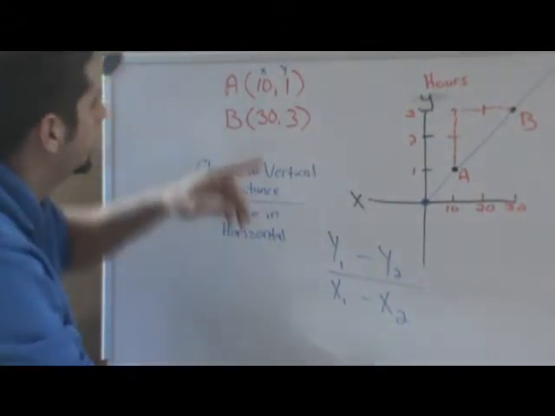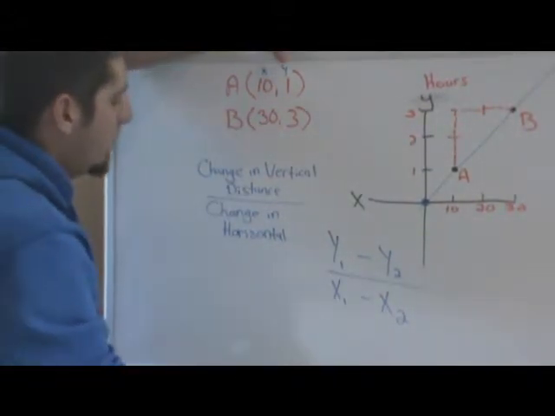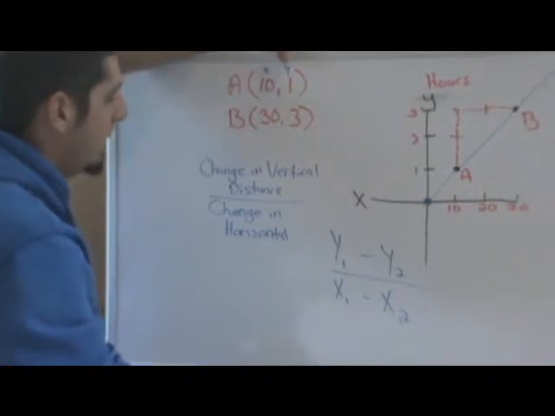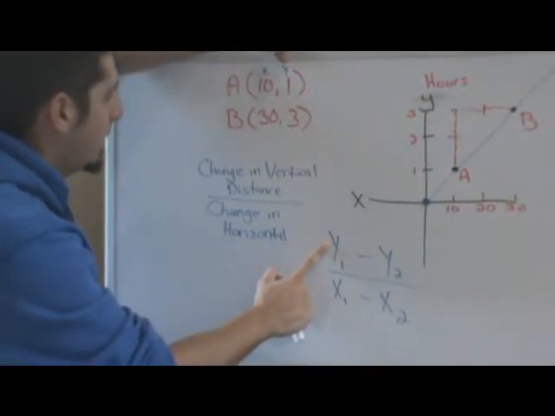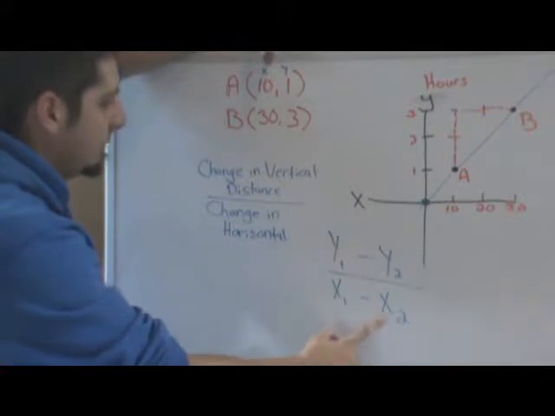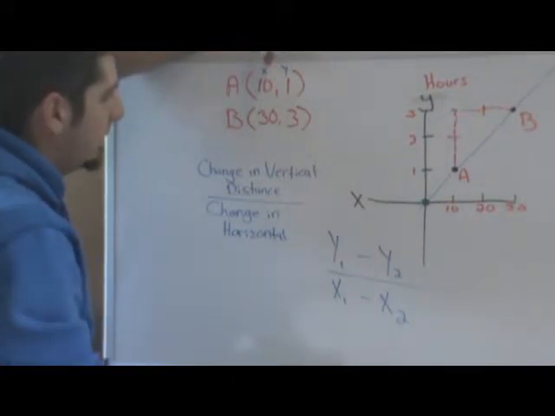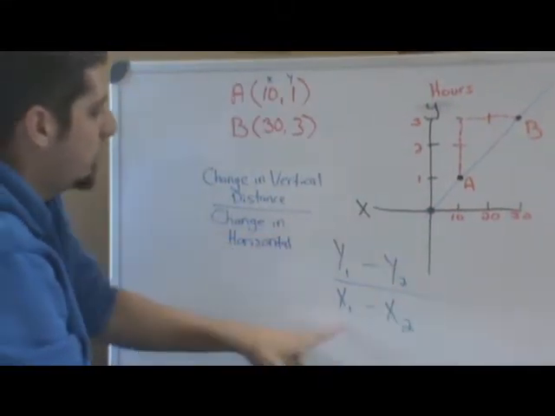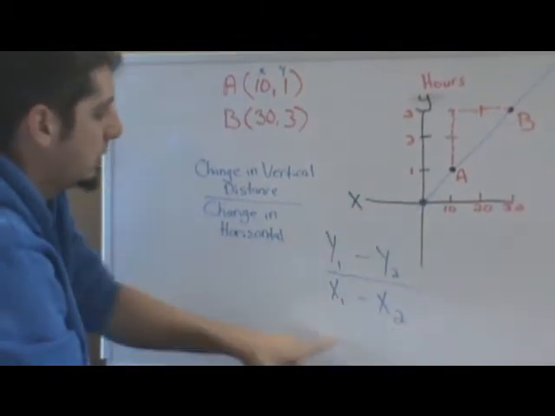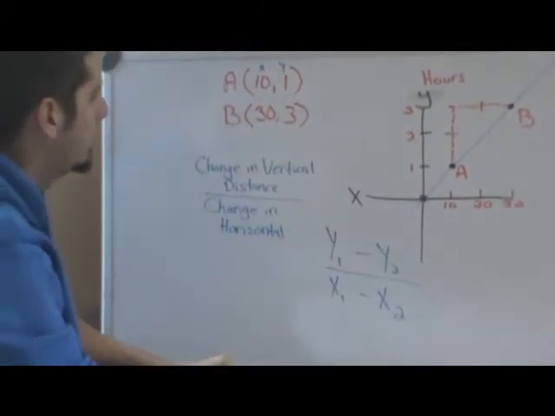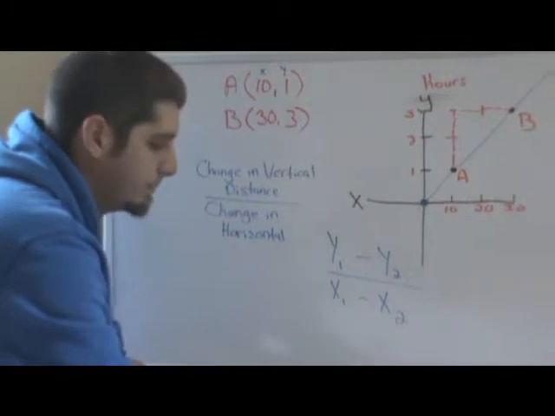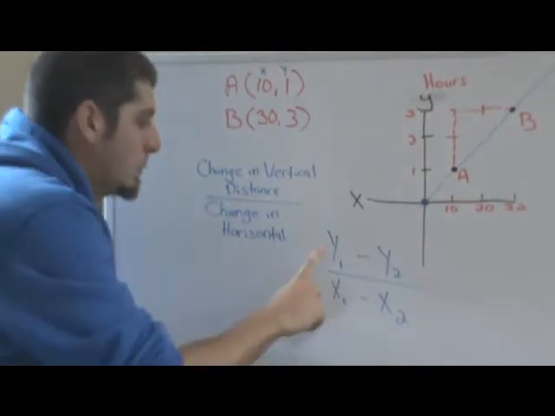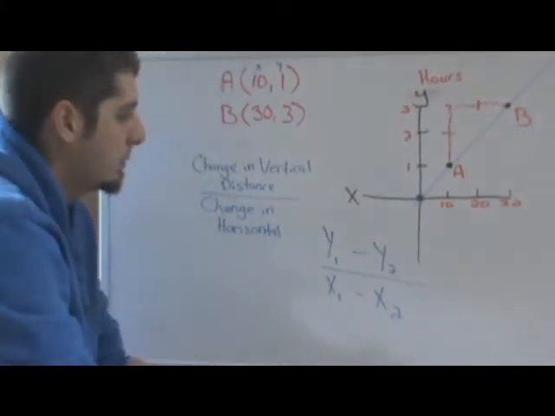I cannot take the y coordinate of A and plug it in for y1 and then plug in the x coordinate of A for x2. It doesn't work like that. If I am going to use this formula to find my rate of change or my slope, I am going to replace the y coordinate of A with either y1 or y2.